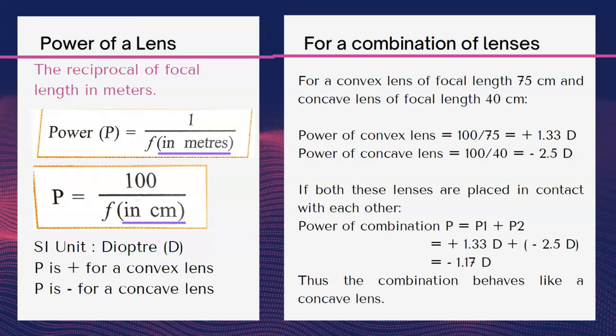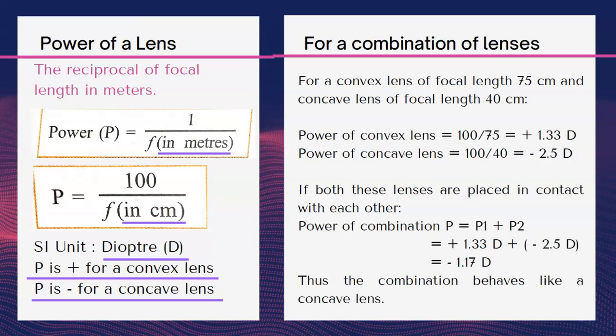So, power is equal to 1 upon f if f is in meters, and power is equal to 100 upon f if f is in centimeters. The SI unit of power is diopter, that is capital D. Also, 2 things to remember. For a convex lens, power is taken to be positive, while for a concave lens, the power is taken to be negative.